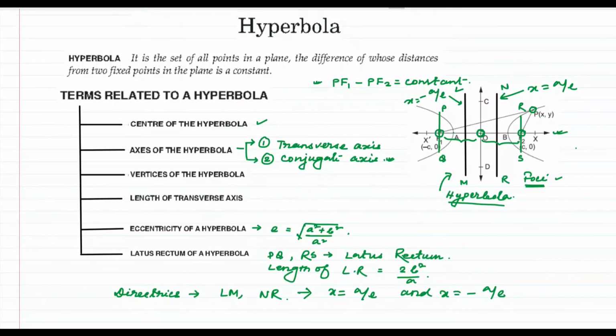Obviously, the coordinates of the foot of the directrices are a by e comma 0 and minus a by e comma 0.